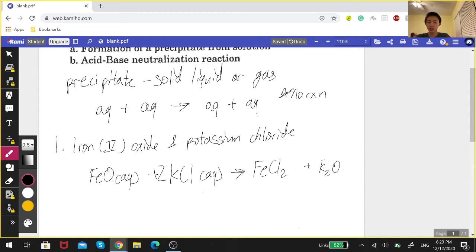Again, all oxides are solid except for group 1A. Group 1A is always aqueous. K is in group 1A, so that makes this aqueous.